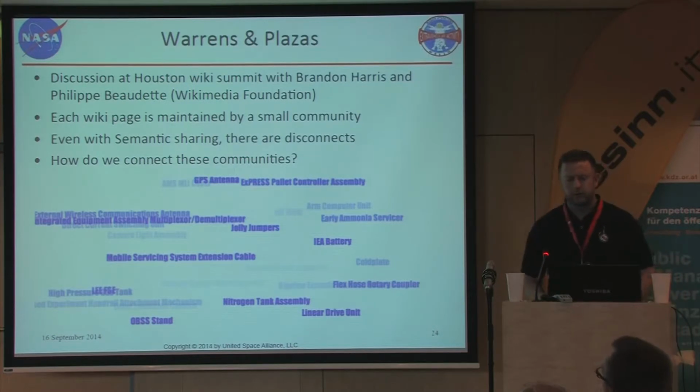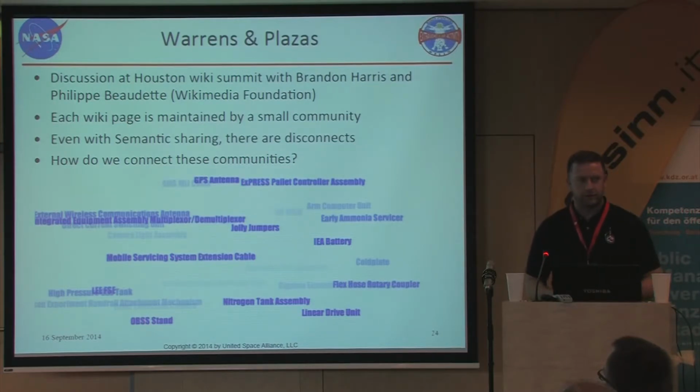So a few months ago we went to another Wiki Summit, or a Wiki conference in Houston. Brandon Harris and Philippe Baudet came from Wikimedia. They gave a presentation that was kind of enlightening. They explained how in a wiki environment you have a whole bunch of small communities and they can be disjointed.